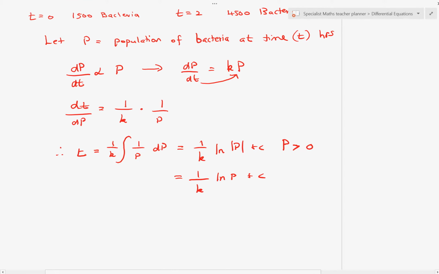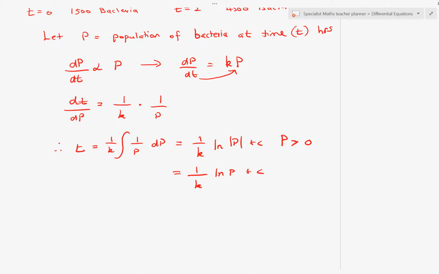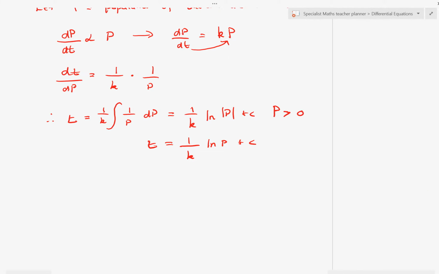Now, what are our initial conditions? At t is equal to 0, P is equal to 1500, and what else have we got? t equals 2, P is equal to 4,500.